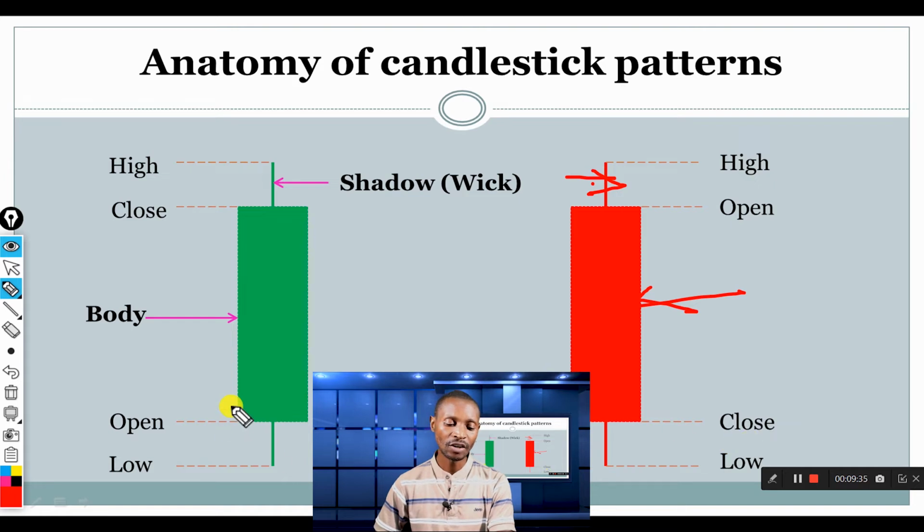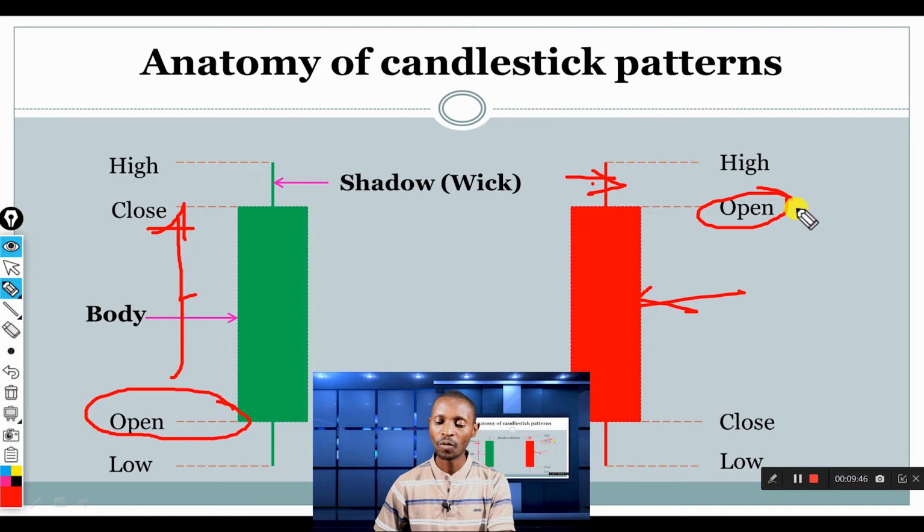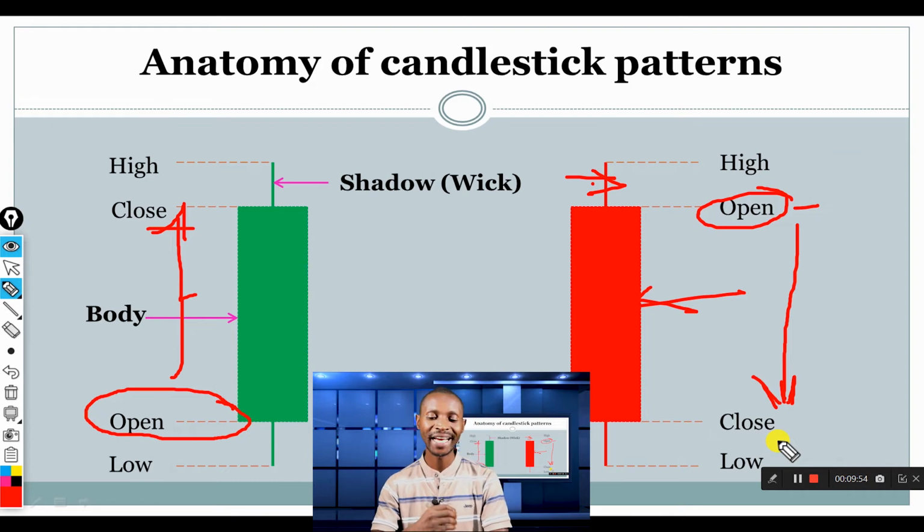For a bullish candle, the market opens low and closes above the open. For a bearish candle, the market opens high and closes below the open. This is the only difference between bullish and bearish candlestick patterns.